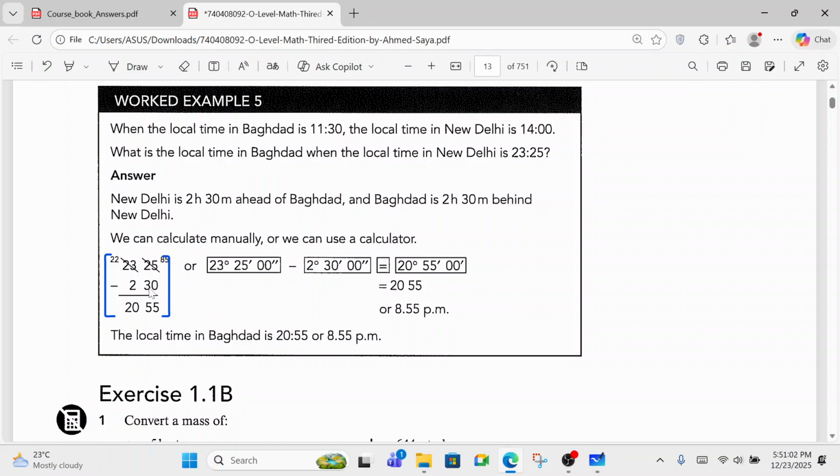As I said, we can either calculate like this or like this, unless the question specifies a calculator or non-calculator one. After doing both of these, we get an answer of 8:55 p.m. or 20 hours 55 minutes. So the local time in Baghdad is 20 hours 55 minutes or 8:55 p.m. Simple answer.